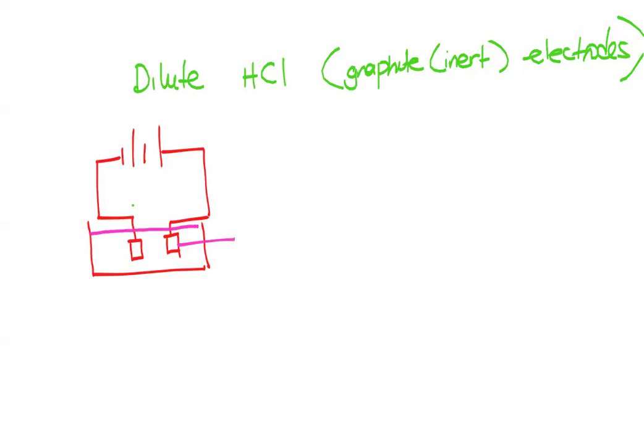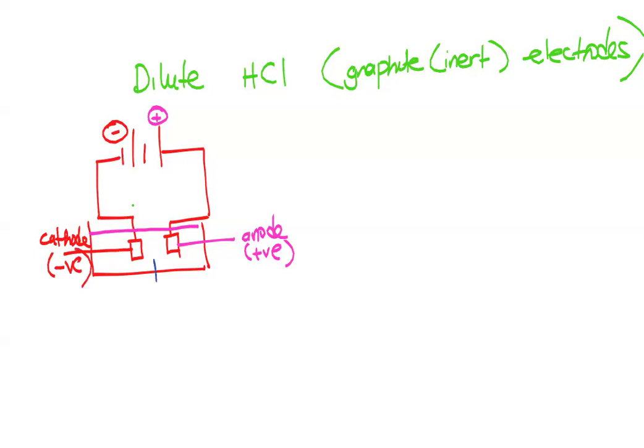The one that is connected to the positive terminal of the battery is the anode, which is positive. This is the cathode on this side that is connected to the negative terminal of the battery. Short, negative, tall, positive.